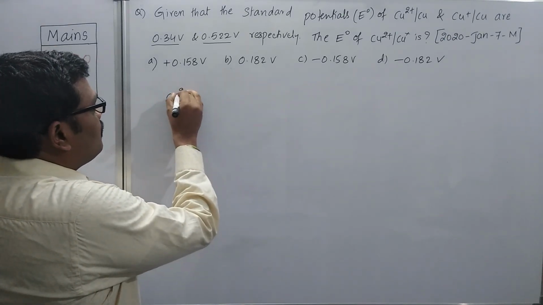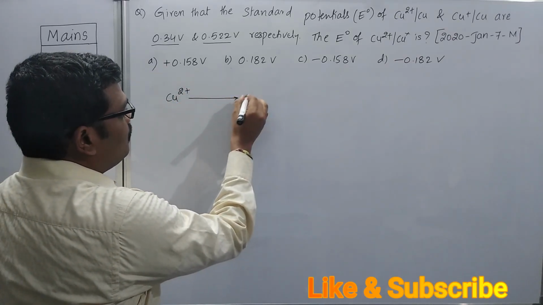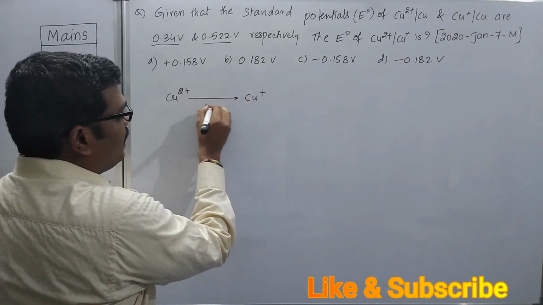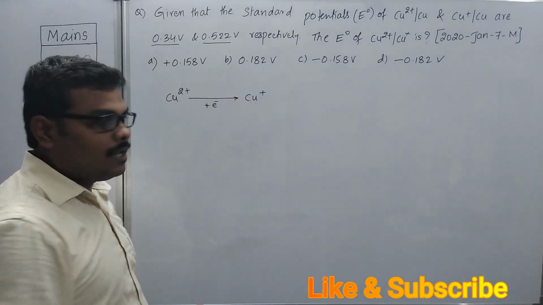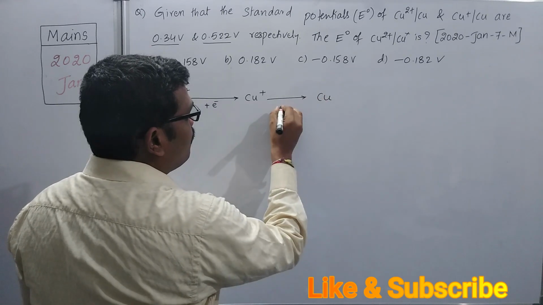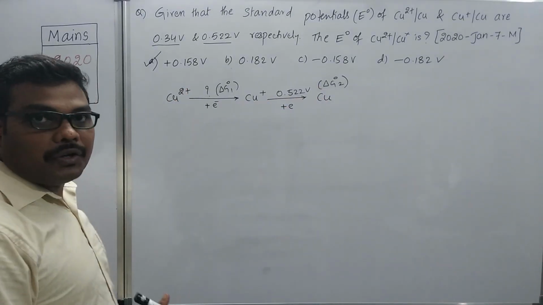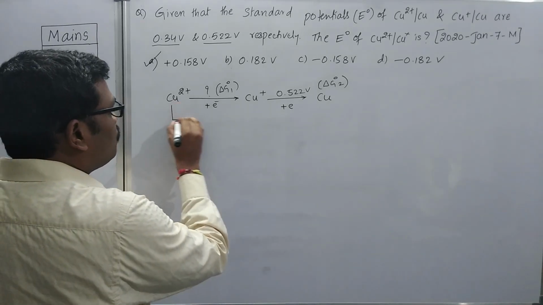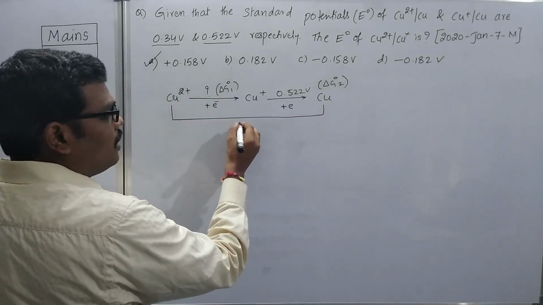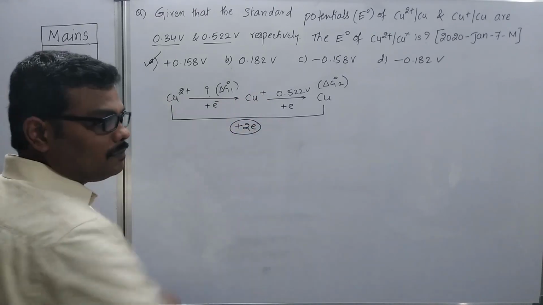First I am writing the process. Cu2+ is first converted to Cu+ by taking one electron, and Cu+ is converted to Cu by taking one more electron. Or you can also write Cu2+ to Cu. Here, how many electrons are involved? 2 electrons are involved.